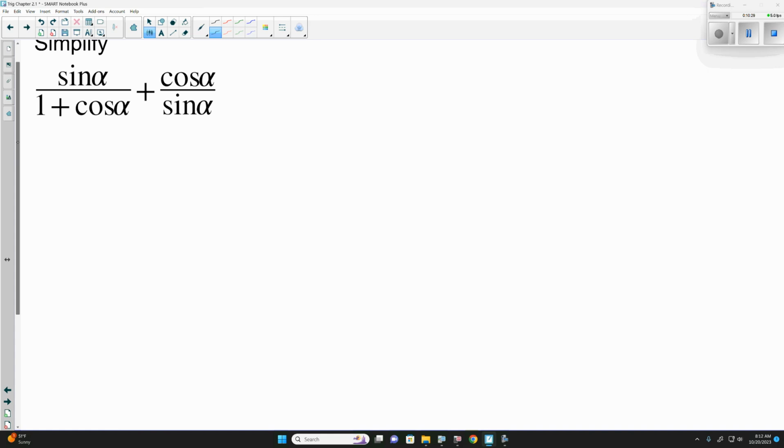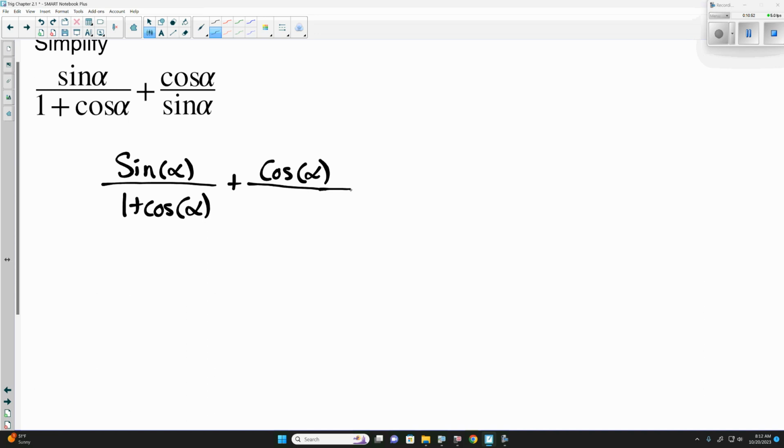And I believe these are the last types. Simplifying the expression, adding or subtracting rational expressions. Now, to be able to add or subtract rational expressions, we have to have the denominators be the same.